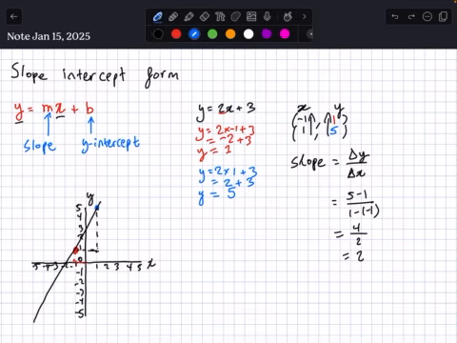And if we look on our graph, indeed, we do intersect the y-axis when y equals 3. And yes, that is slope-intercept form, one of the most commonly used forms for linear equations. And that's basically the gist of it.